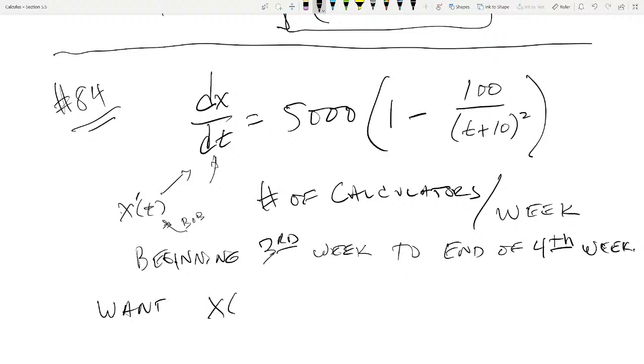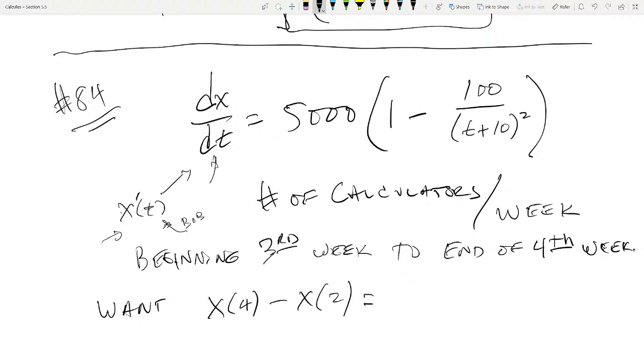So what we really want to calculate is x of 4, because remember, x of t will be the function that we get after we anti-differentiate this. We plug in the 4, so that gives us after 4 weeks, and then we subtract off where we started, which was after 2 weeks. So it's not x of 3, because that would give you the end of the third week. We want the beginning of the third week, which is the end of the second week, so it's minus x of 2.